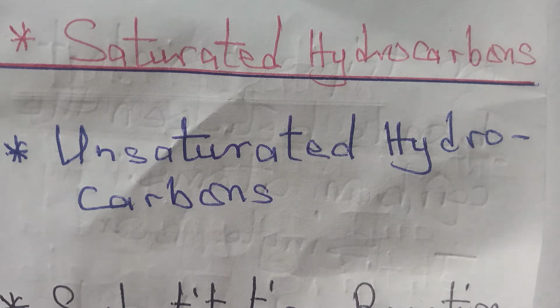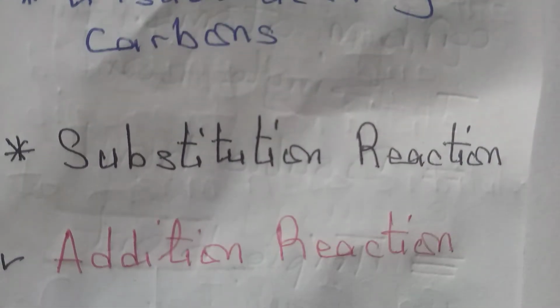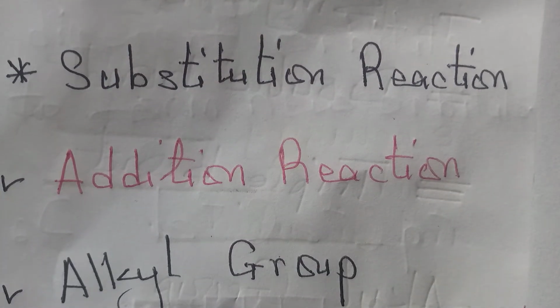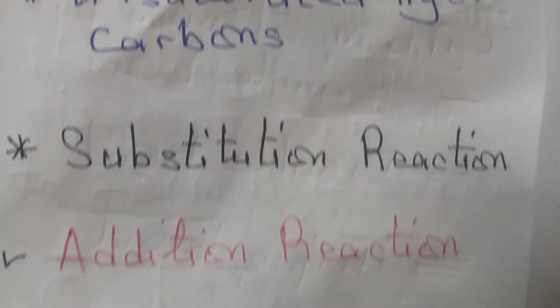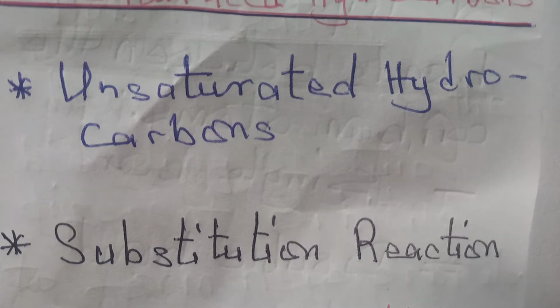We have substitution reaction, we have addition reaction, and we even have alkyl group. These are the terms used in organic chemistry. We're going to be looking at them as time goes by in this channel.